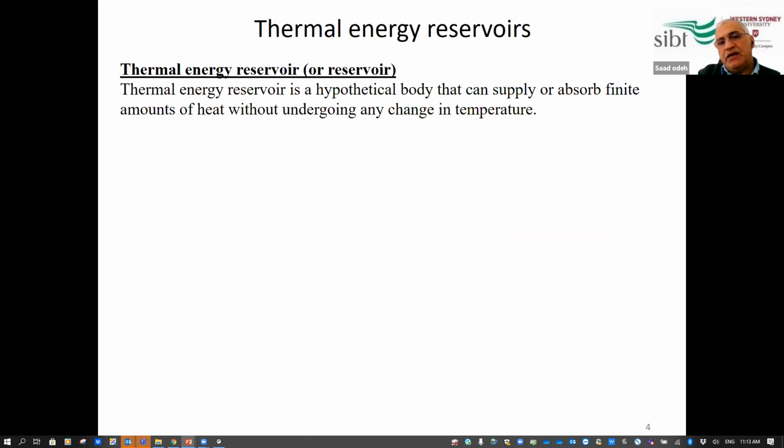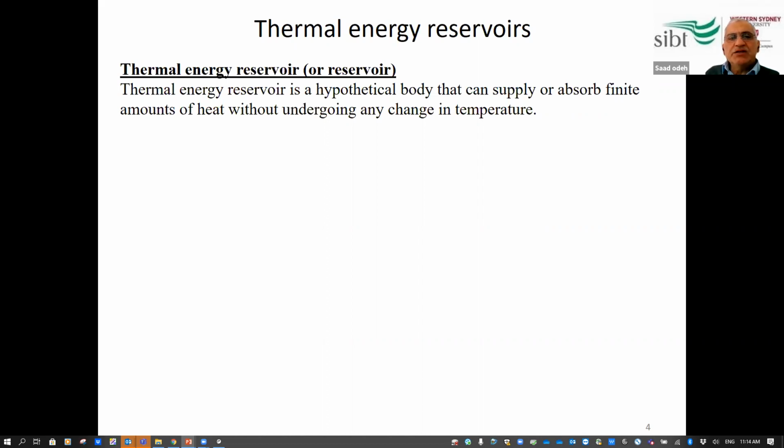Now, in the second law definitions, we require two major sources of energy.